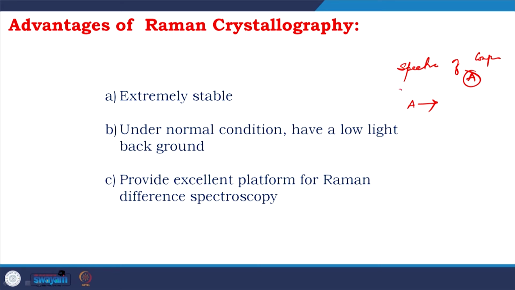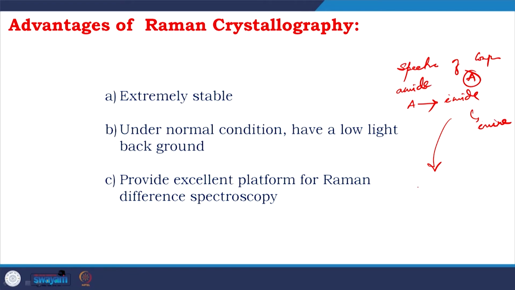Suppose an amide is changing to an imide or imine. There will be a change in the characteristic frequencies. You have the spectra of A, you collect the video, and you keep the new or upcoming spectra aligned with the base spectra.